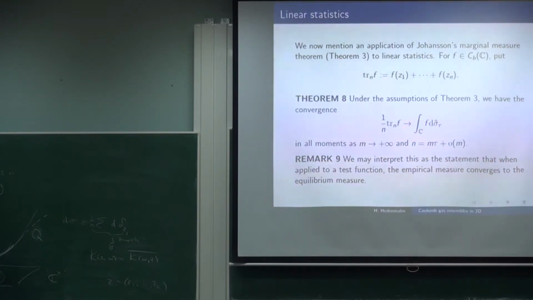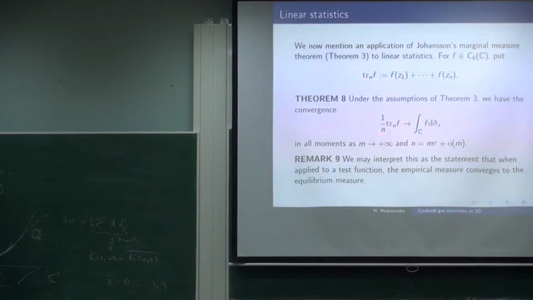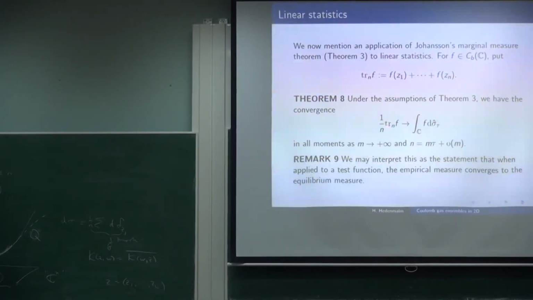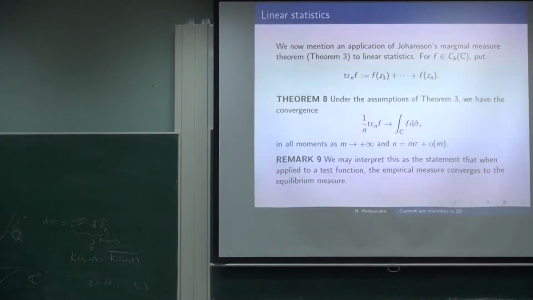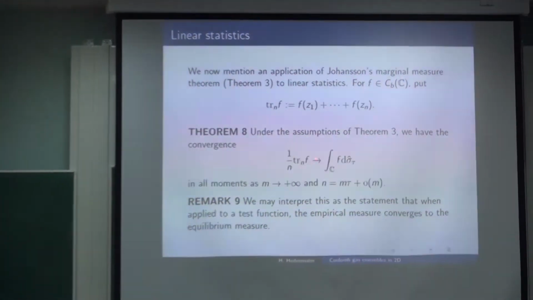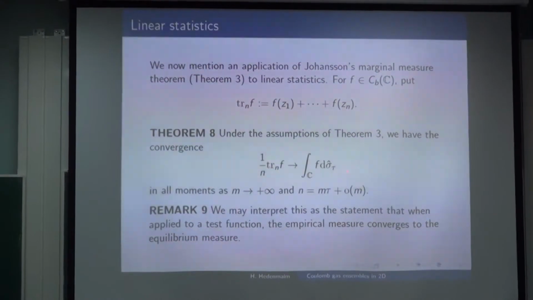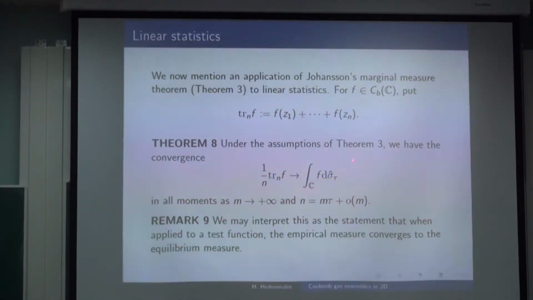We sample, take the average of all the values at these points and wonder what's happening with that as n tends to infinity. Then it's an easy exercise to use this theorem of Johansson, which was generalized to this setting, to obtain this statement that the average tends, for each given test function f, to this integral against the equilibrium measure.